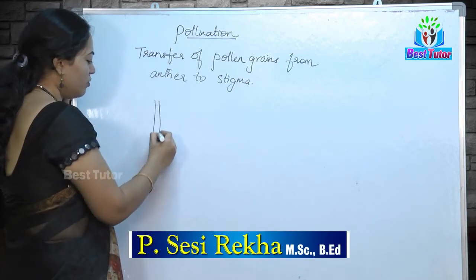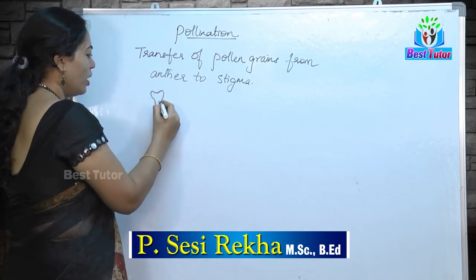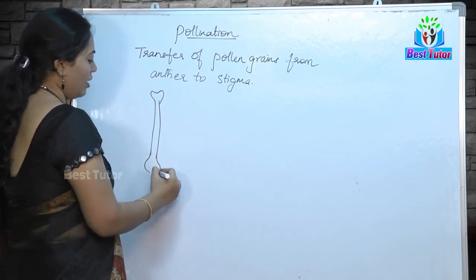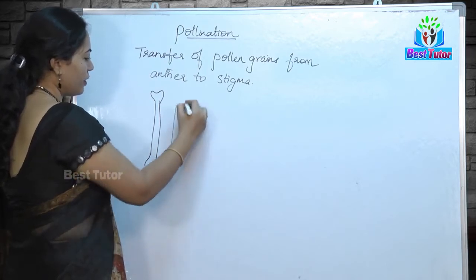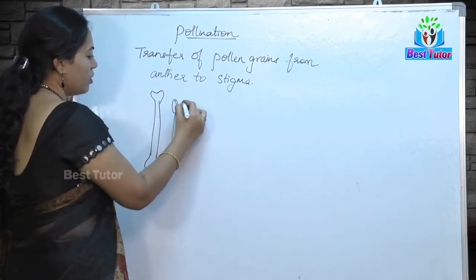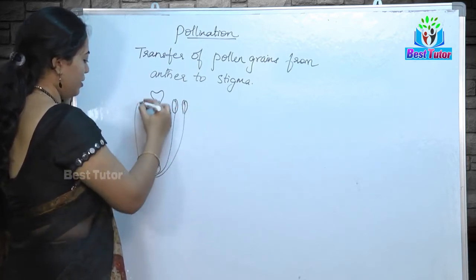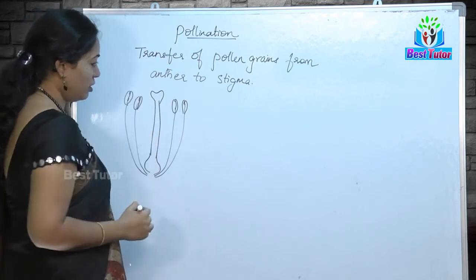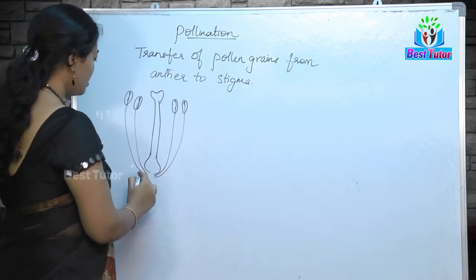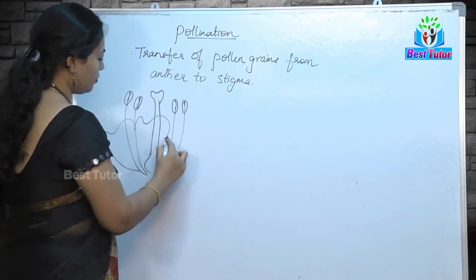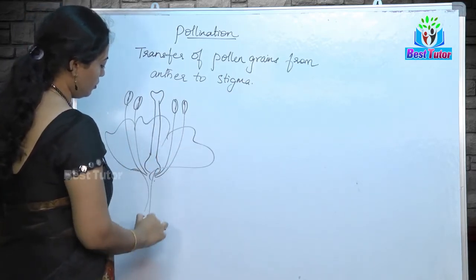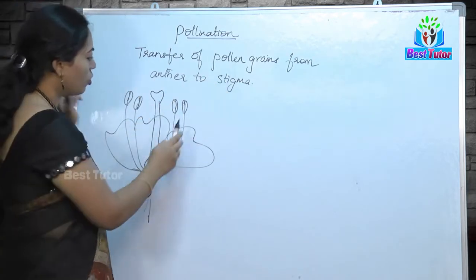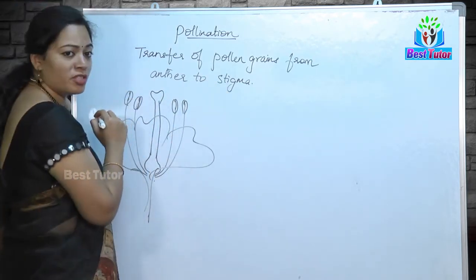So we have gynoecium with stigma, style and ovary, and we also have stamens with the anthers. Now if I assume this is a flower, the transfer of pollen grains: where are the pollen grains produced in the flower?